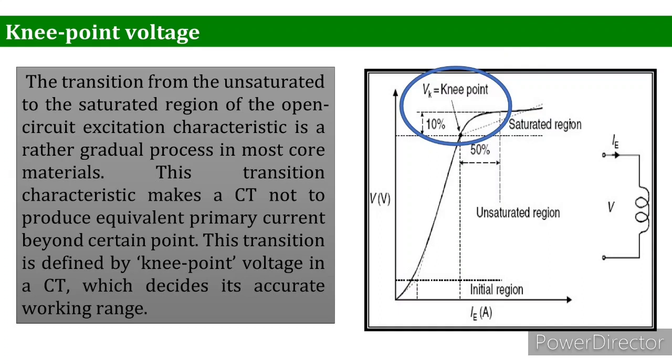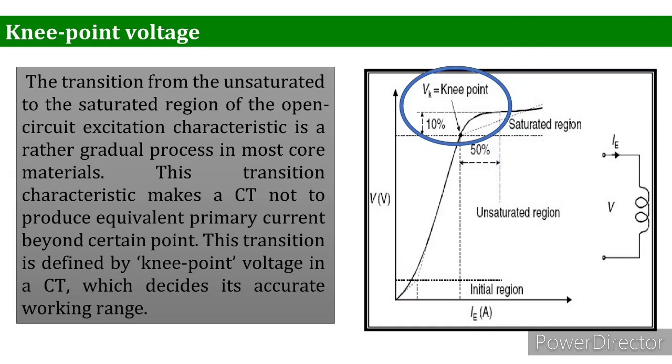In the last slide, we discussed the magnetizing curve. On the right hand side, you can see in the picture the circled knee point. The knee point voltage is basically a transition from the unsaturated to the saturated region of the open circuit excitation characteristic, which is a rather gradual process in most core materials.